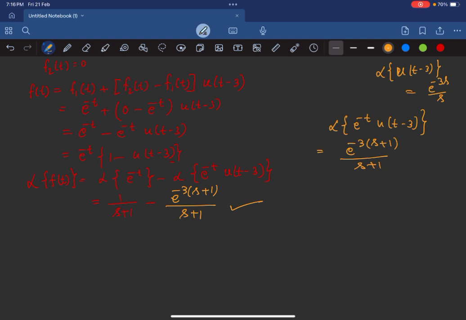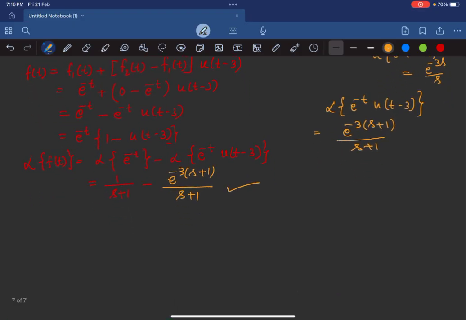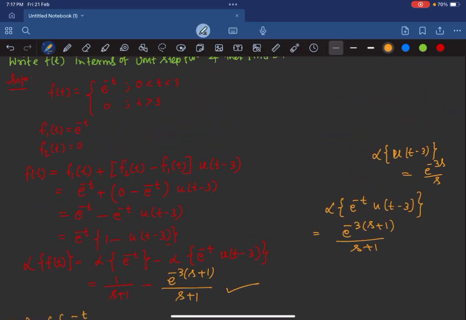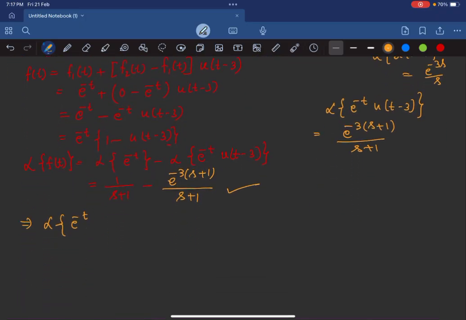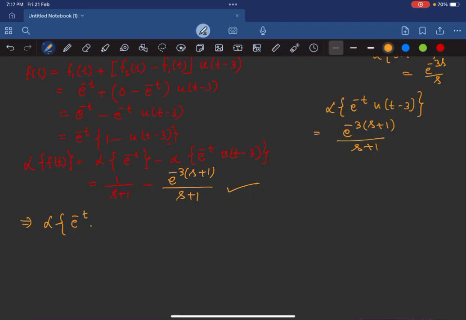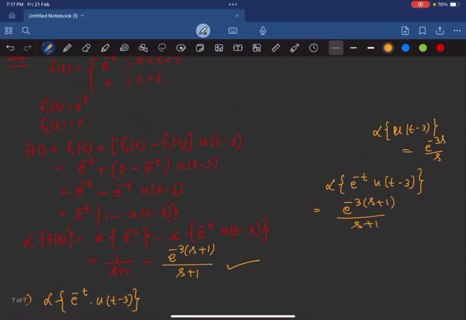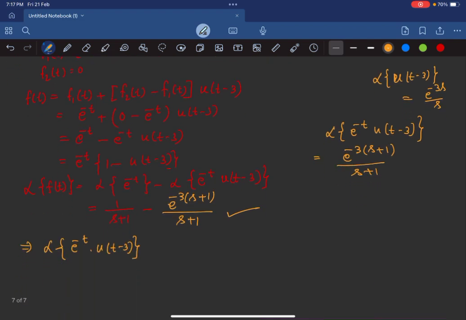Okay, so we have this idea now. The Laplace transform of the f(t) function, which was e^(-t) multiplied with the unit step function, actually this was the function.